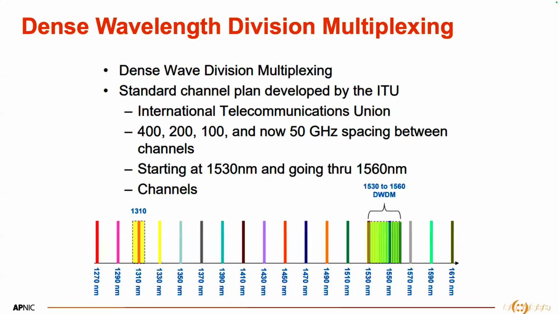And between two consecutive lambdas, there might be different types of channel spacing. There might be 50 gigahertz, 100 gigahertz, 200 or 400 gigahertz, right? This channel spacing also depends on the design of your network. So it can be any one of them.